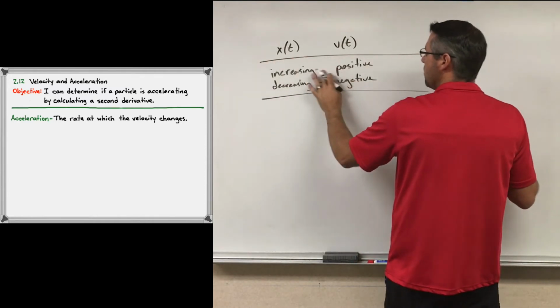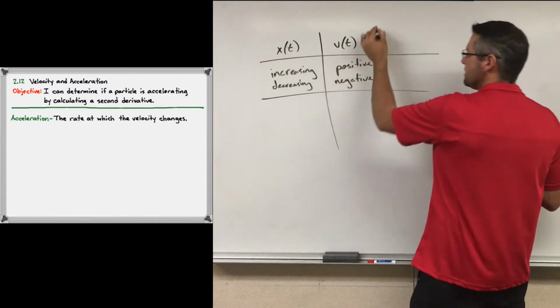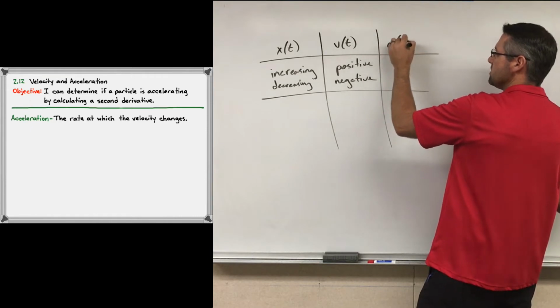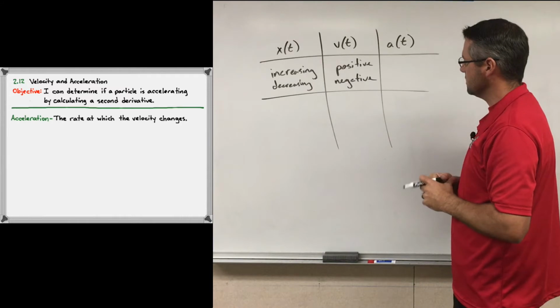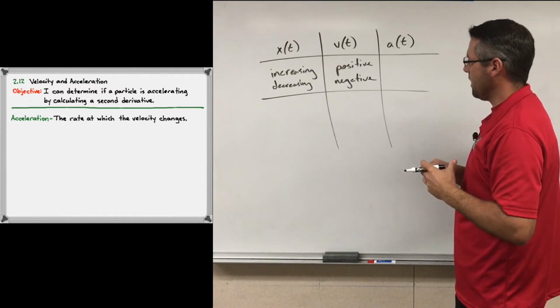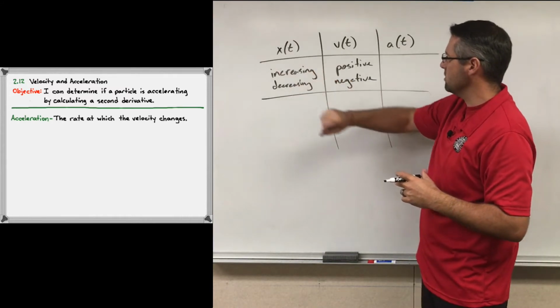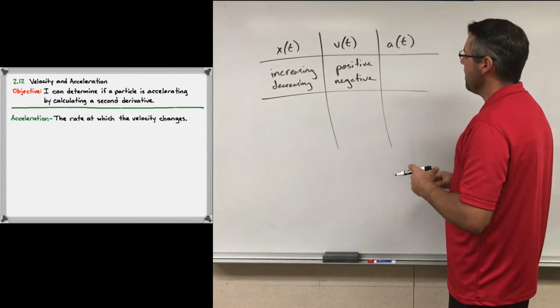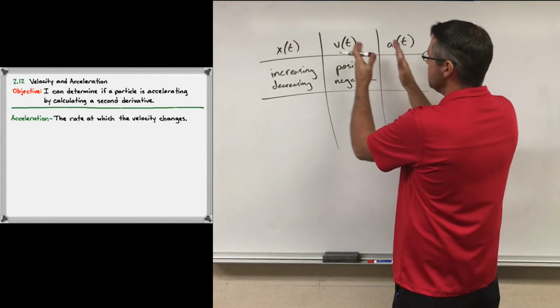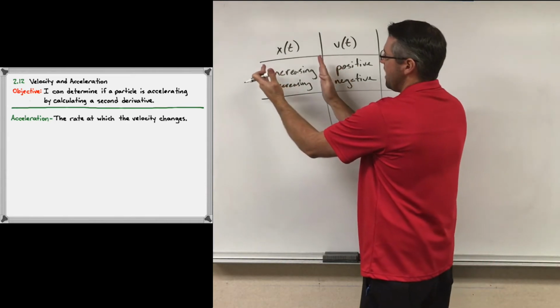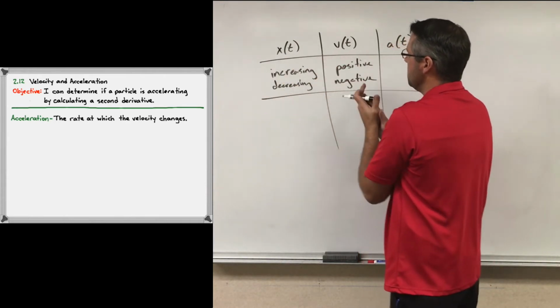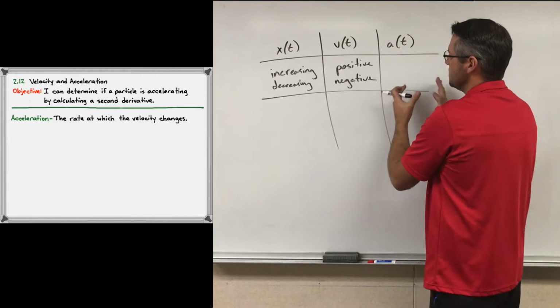But now we need to look at acceleration. And you'll see more of this in the future. This chart helps us understand calculus in a very in-depth way. So when position is increasing or decreasing, velocity is positive or negative. Well, acceleration is the derivative of velocity. So the same relationship that we have here with position to velocity, we have with velocity to acceleration.